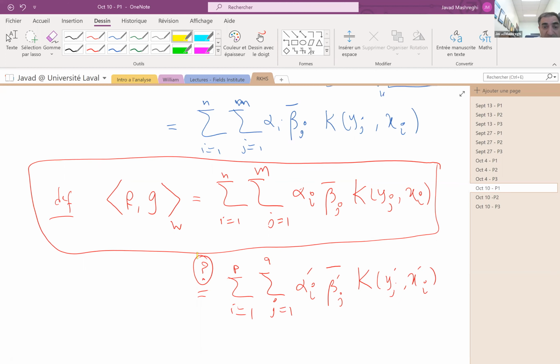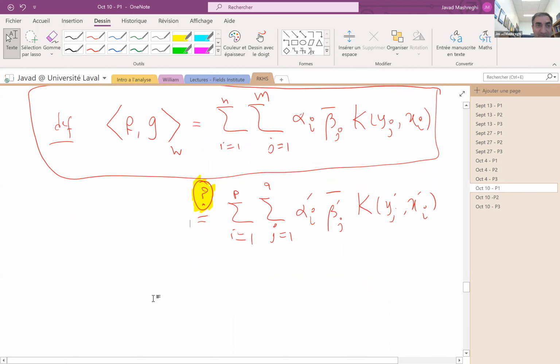That's the big question. If this is not the case, my definition is not a good definition. It doesn't make sense. I can tell the heart of the proof is precisely here, this verification that W is well defined, the rest is automatic.